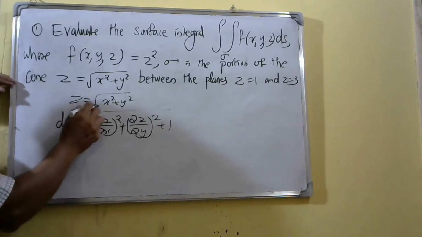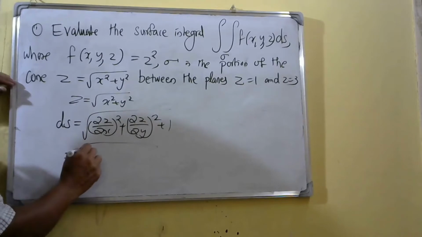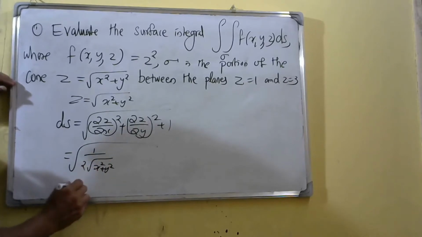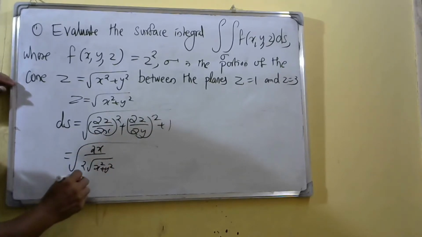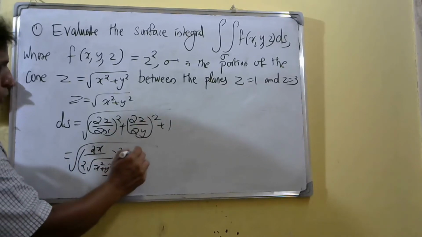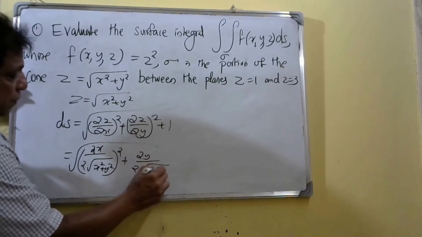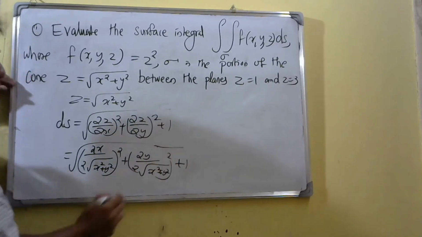Z is equal to root of x square plus y square. Therefore, dou z by dou x is equal to 1 by 2 into root of x square plus y square, then into 2x, the whole square, plus 2y divided by 2 into root of x square plus y square, the whole square, then plus 1.